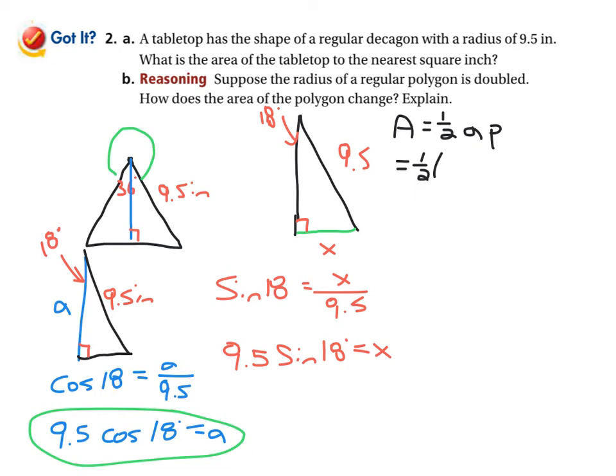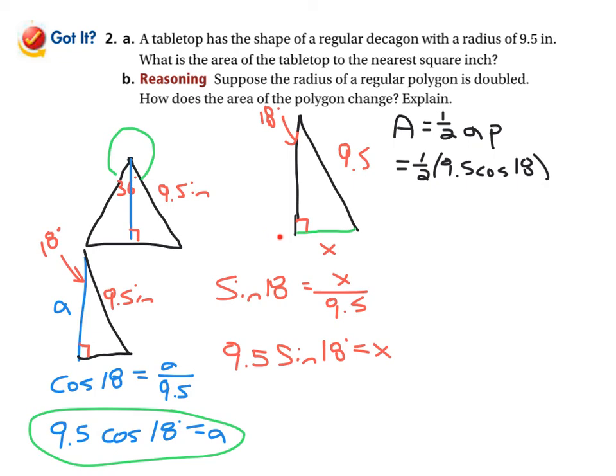times, what do we have as the apothem length? 9.5. This is down on the bottom. We just calculated 9.5 times cosine of 18. Okay, times, and now we need to figure out what the perimeter is. And the perimeter, of course, here we have x for this amount, but that's only 1/2 of a side length.